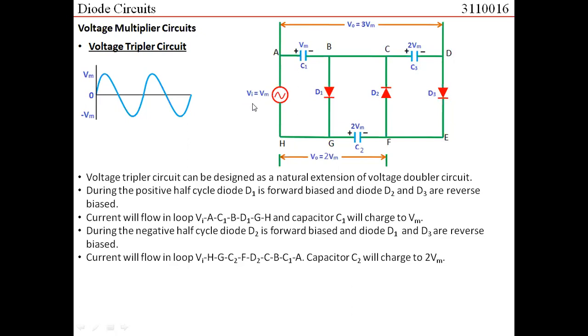So the peak voltage of Vin is Vm and the voltage stored across C1 is also Vm. So capacitor C2 would charge to the voltage value of 2 Vm.